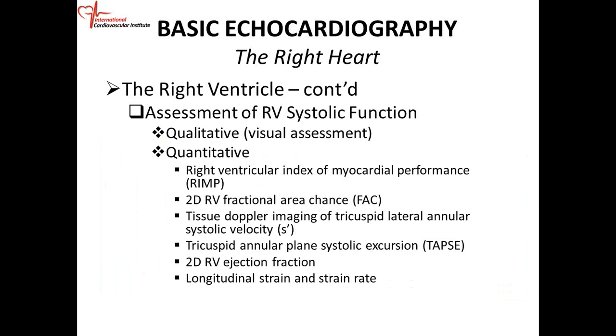That's qualitative. It's not quantitative. So you can just look at the RV and say, yes, it's contracting very well because I see it's moving up and down or coming in. Okay, so qualitative or visual assessment. And then quantitative, that means you're doing some measurements to determine if the measurements are normal, yes or no.